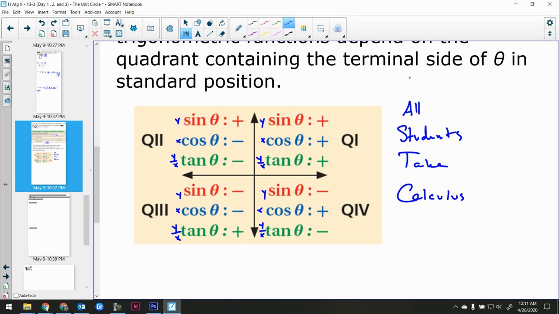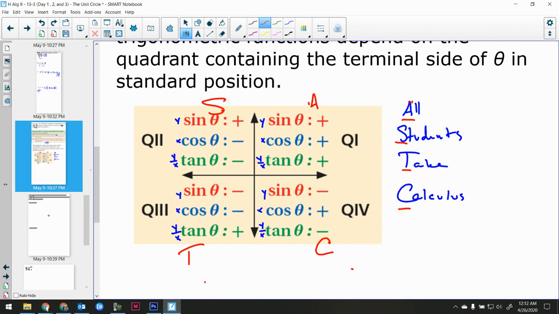I just remembered it as ASTC. ASTC. And it tells you what's positive. Everything's, all are positive. Just the sine is positive. Just the tangent is positive. And just the cosine is positive. All students take calculus. That's just telling you which parts are positive.